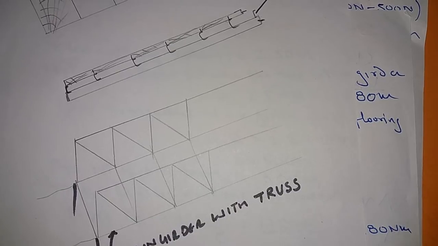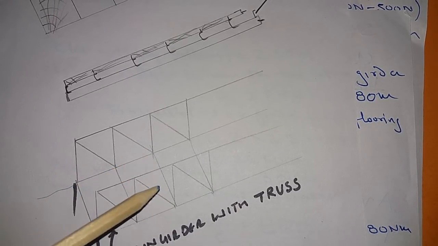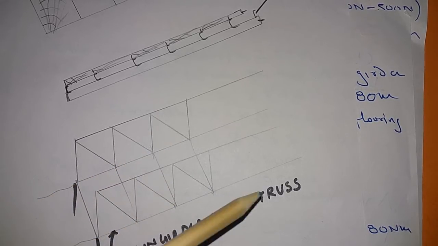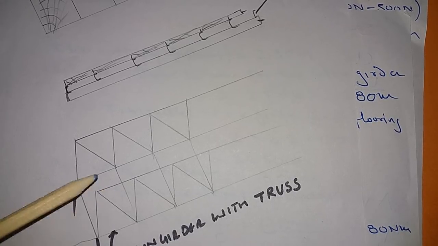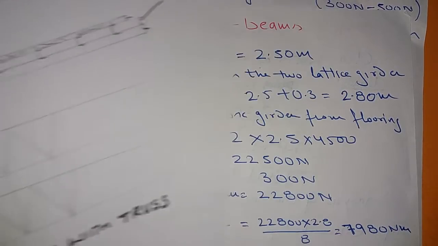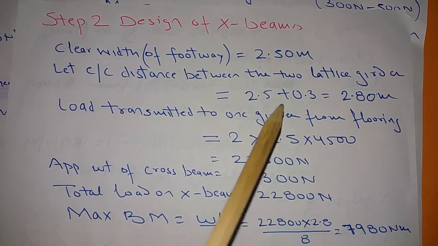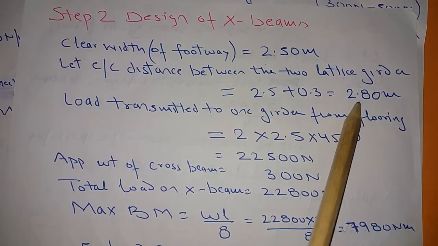If you have to put a clear width of 2.5 meter, then these two girders have to be set more than 2.5 meter apart, then only you can have a clear 2.5 meter. So let's add 0.3 meter, so it will be 2.8 meter.